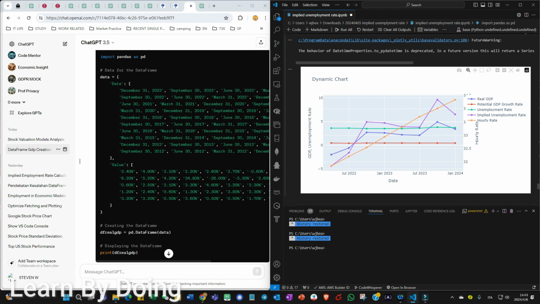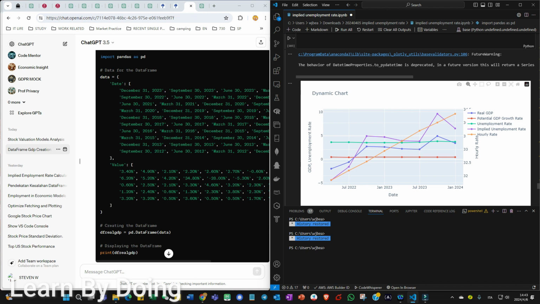Then I find the data, structure it with GPT, and put the structured data back into the local environment to visualize it dynamically, and eventually use the model to calculate the implied parameter that I want to know, compare, and get some initial conclusions.